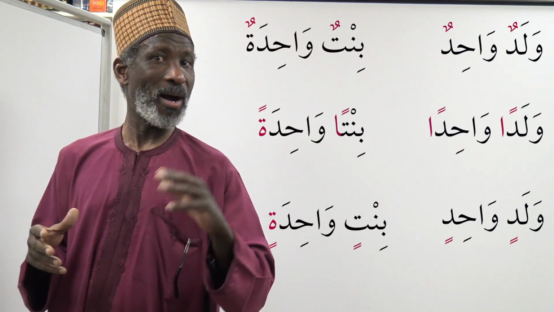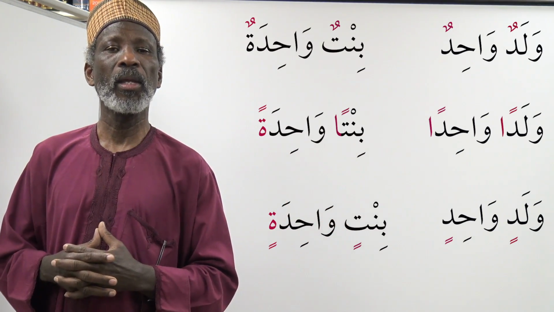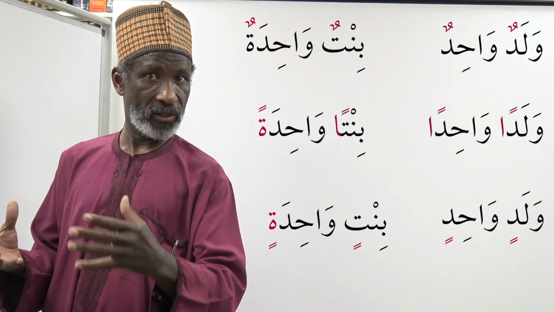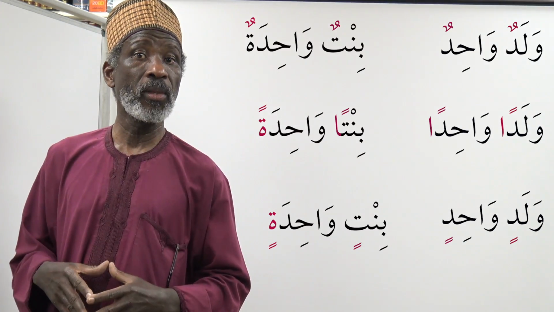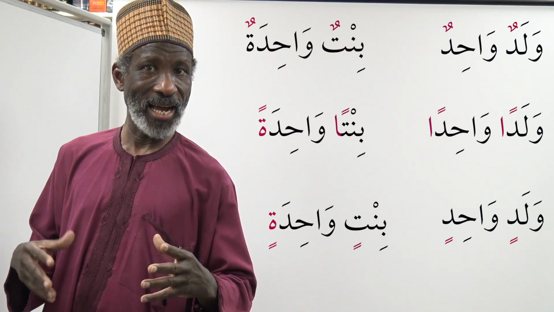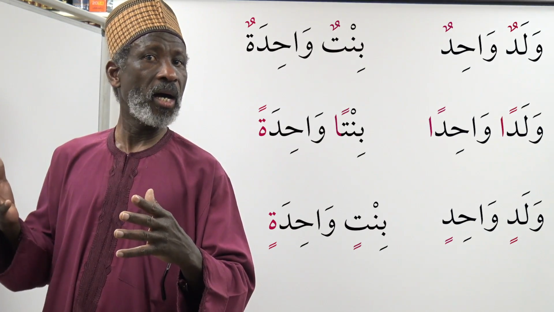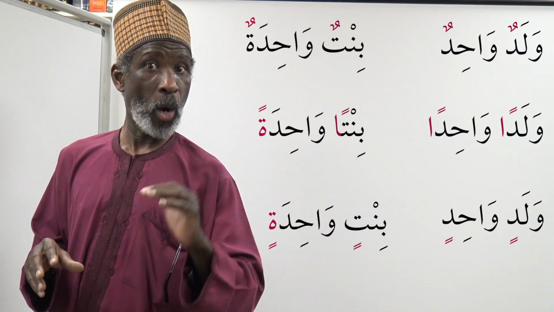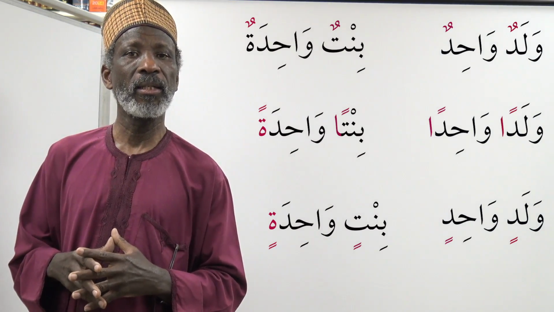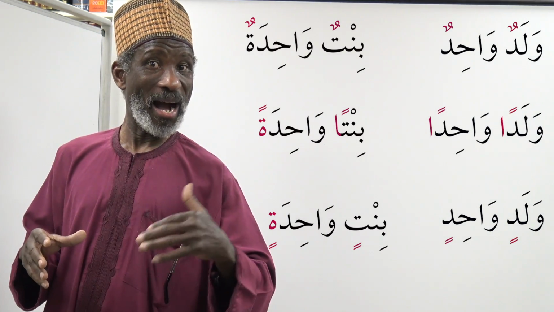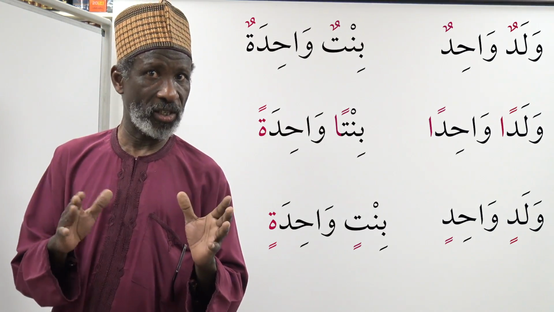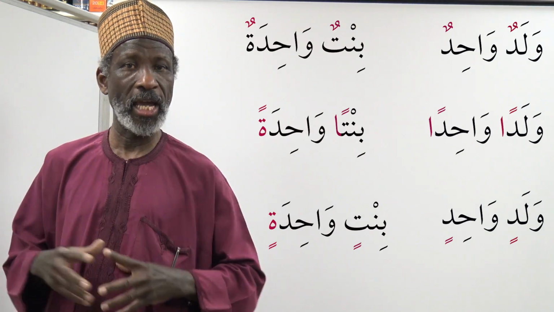Bintan, wahidatan. If for grammatical reason you have kasra, for instance, in the genitive, waladin, like I went with a boy, you will say wahidin. Bintin, wahidatin. So the case ending must match the noun that they are modifying.